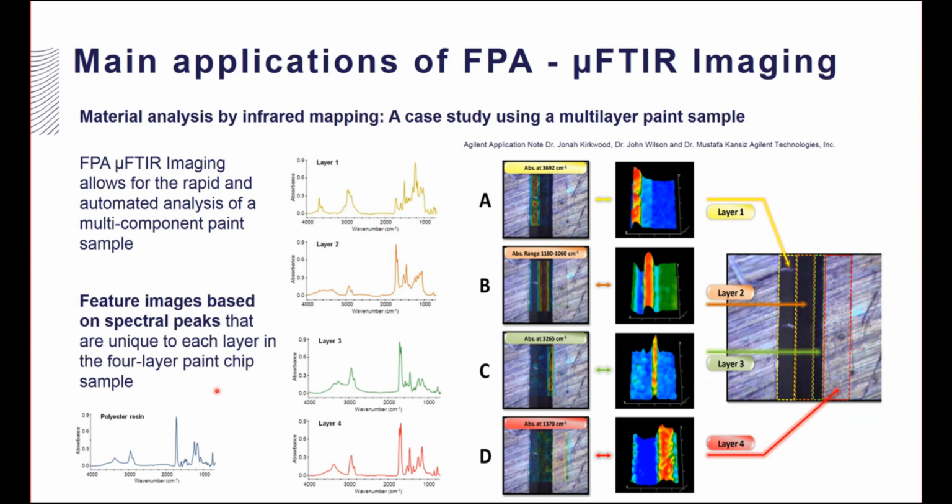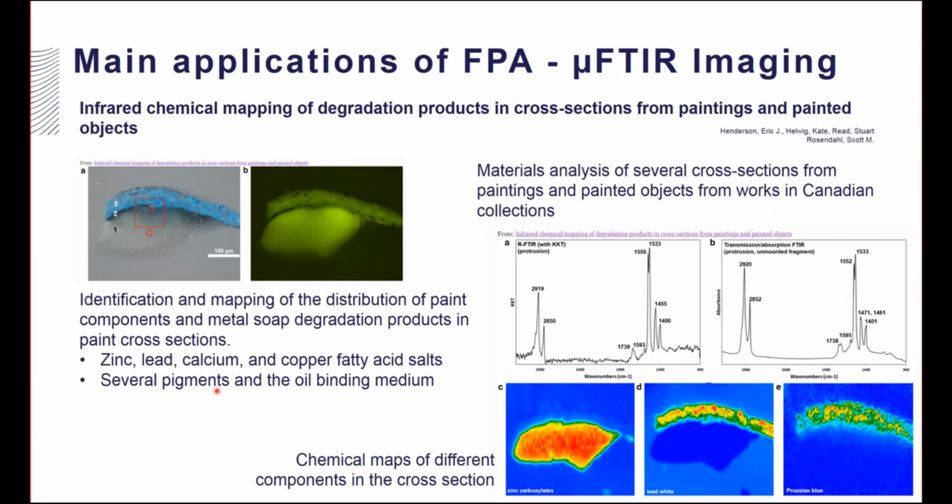The next application I wanted to briefly mention is the chemical mapping of some degradation products in cross-sections from paintings and painted objects, so some sort of cultural heritage related activity. In this case, it's possible to identify different components in this cross-section by again using different spectral filters.